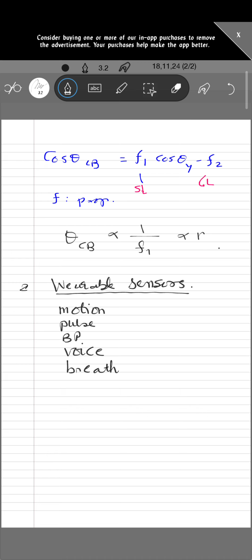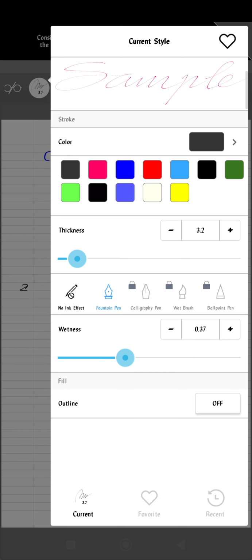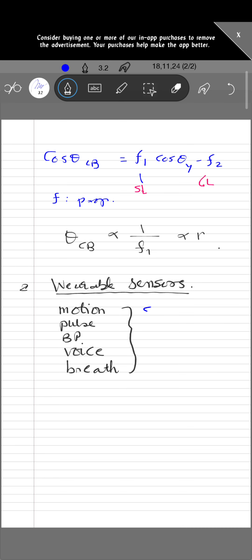So the detection of these motions or changes in the body is associated with sensing strain or any sort of pressure, then detecting gas, detecting frequency, and to some extent the temperature. So these are the things that usually change with these actions, and the wearable sensors are mainly designed to detect these changes.